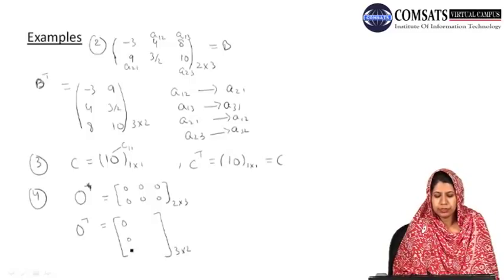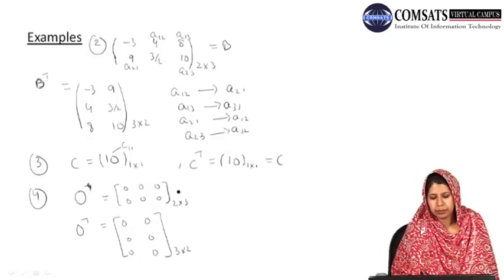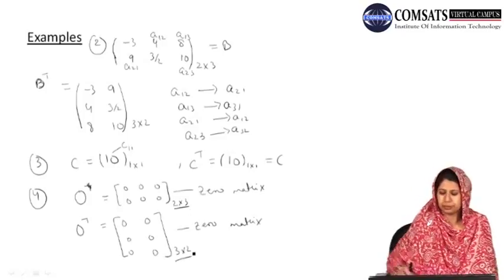So the transpose of this matrix in this case will be a 0 matrix but with different order. This is our 0 matrix. The transpose is again a 0 matrix, but the order is changed.